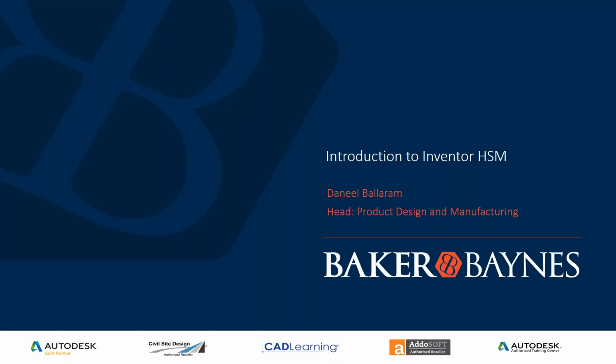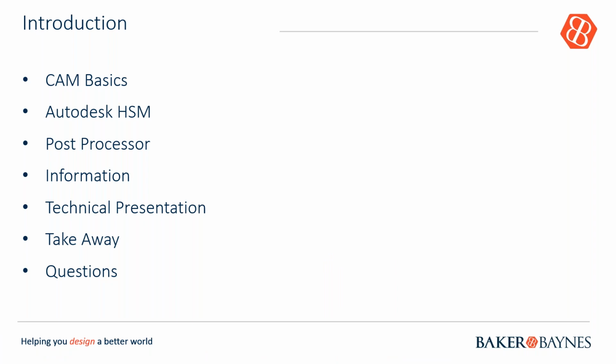All right, so let's look at the CAM basic terms. CAD is of course known as computer-aided design, and CAM is computer-aided manufacturing, so there's a slight difference in that. CNC is computer numeric control.